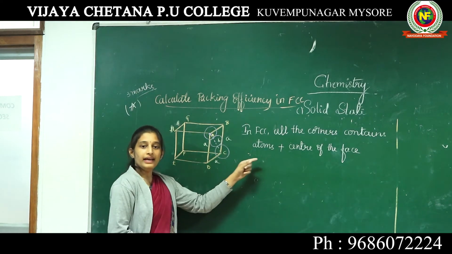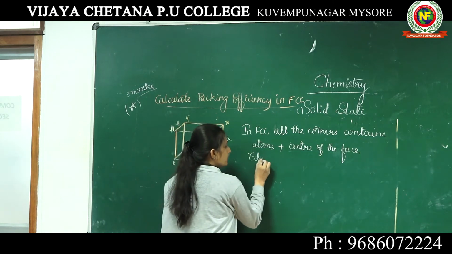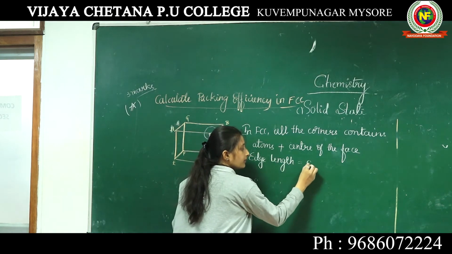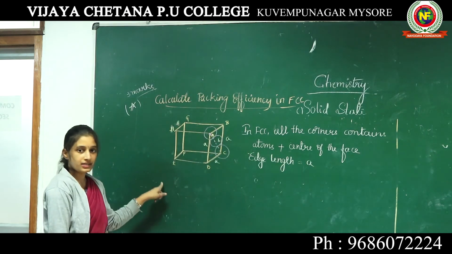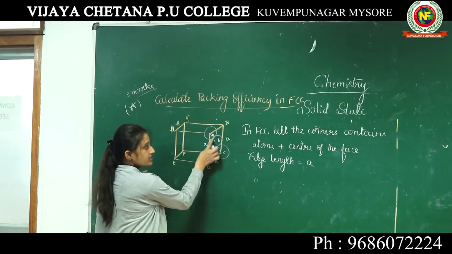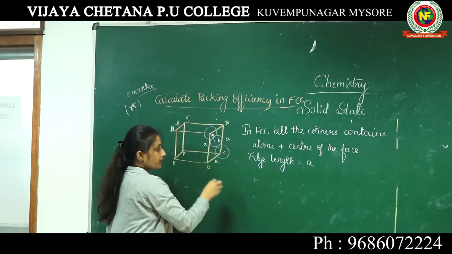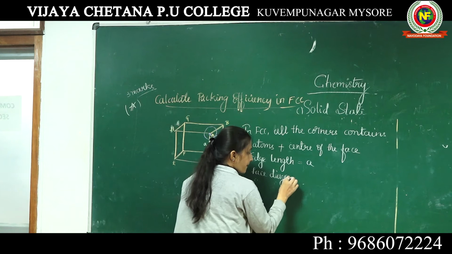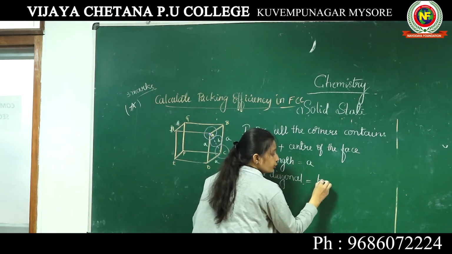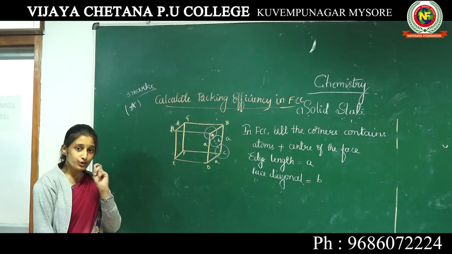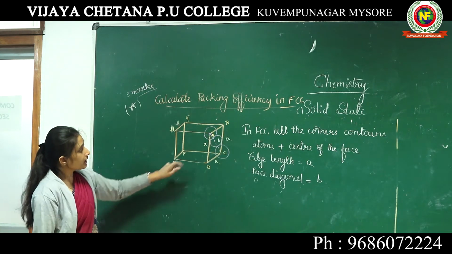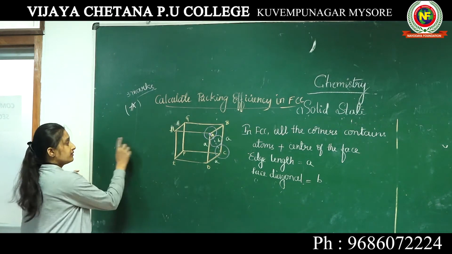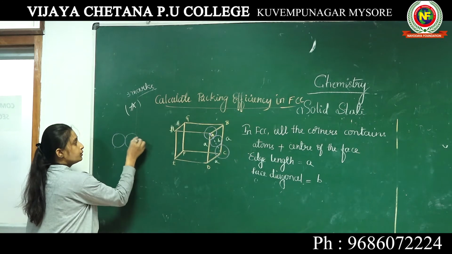Here, the edge length we call a. All the edge lengths we call a. What is this? This is the face diagonal, equal to b. One thing you should understand properly. Here how many circles are there? 3 circles. Just for the sake of understanding I will draw here: 1, 2, 3.